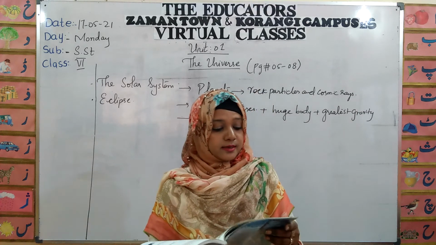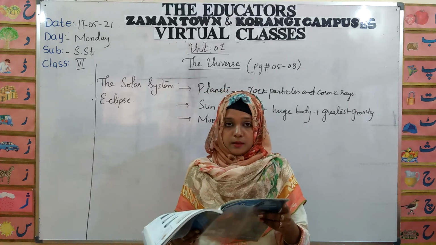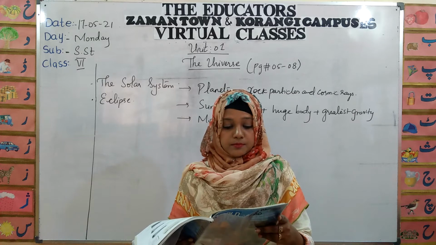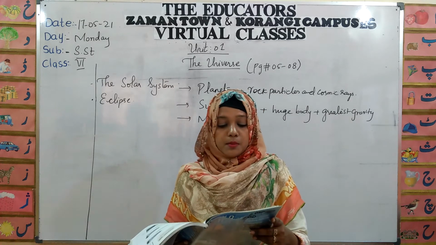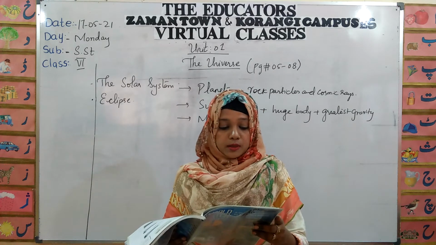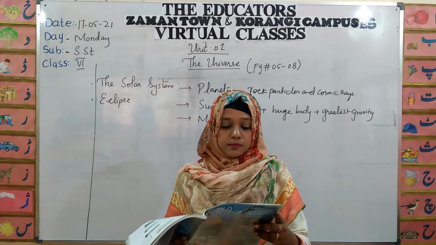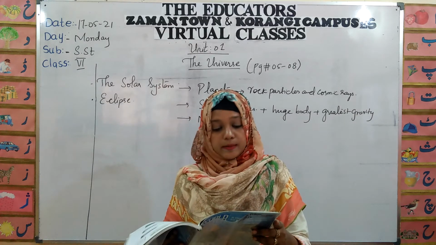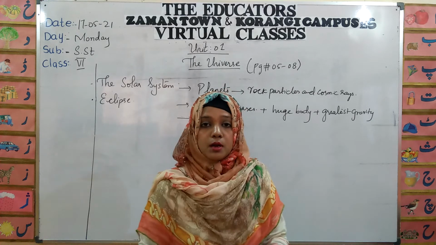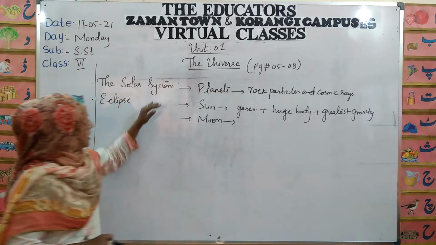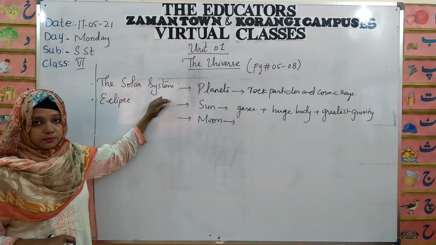I am just listing them: Mercury, Venus, Earth, Mars, Jupiter, Saturn, Uranus, and Neptune. These all are the planets of our solar system.